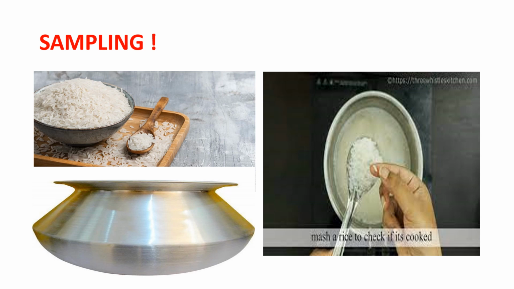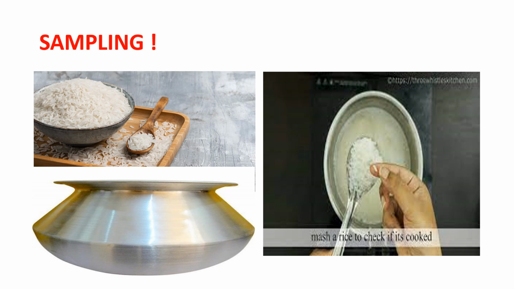So what do you see here? There is a cooking utensil meant for cooking rice, with some rice, and in the adjacent picture you see that someone is mashing the rice to check if it is cooked. If you ever noticed at home, the person who is cooking doesn't check every grain of rice in the utensil.